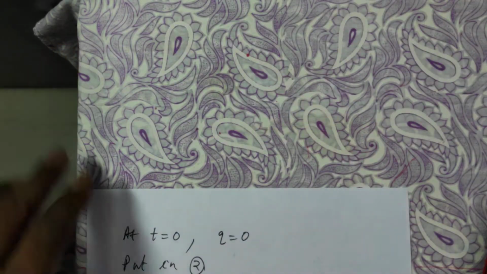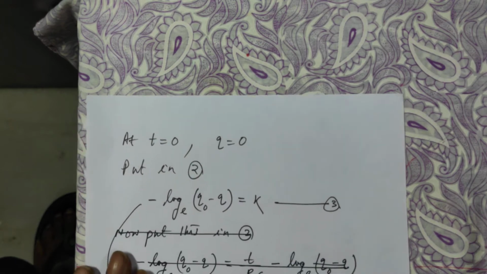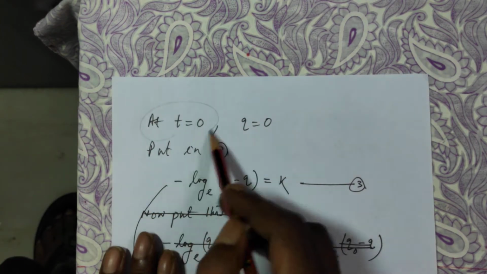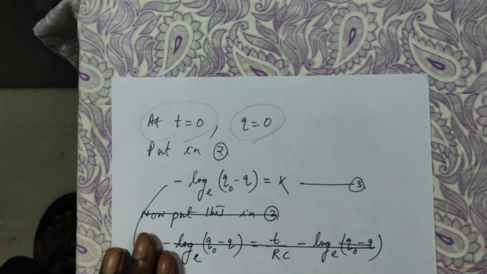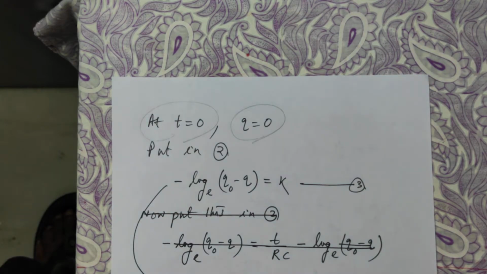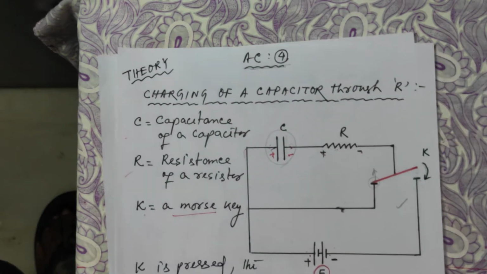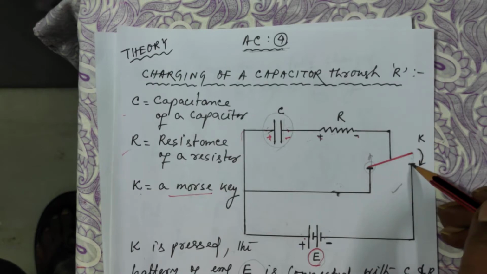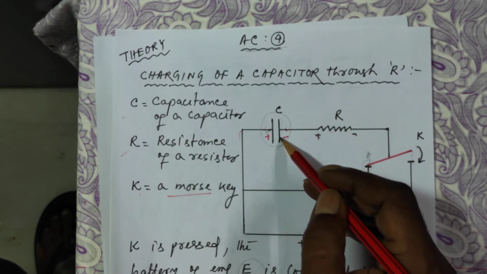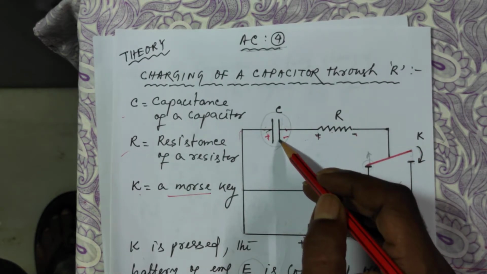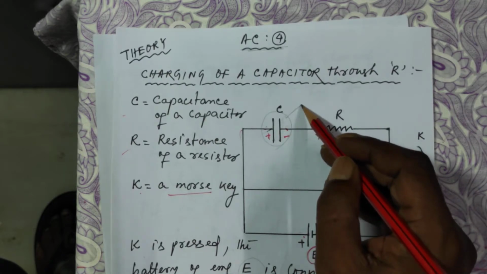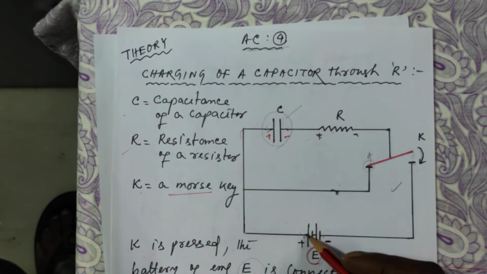How to find the value of k, that is the integration constant? Now look, at t is equal to 0, q is equal to 0. Why do we say so? Just in the beginning, when this was just switched on, the capacitor has just started getting charged.